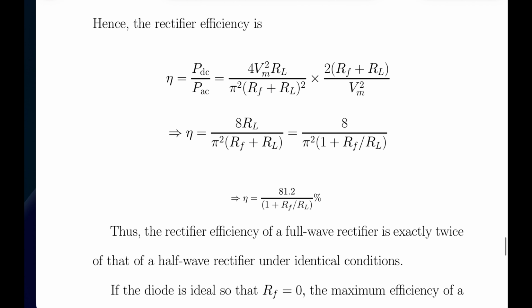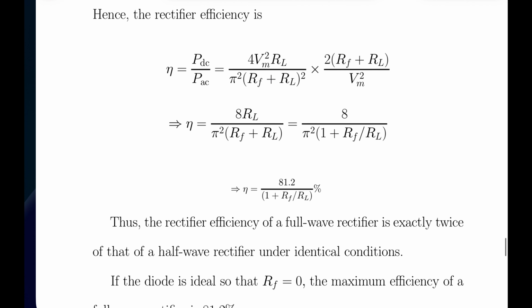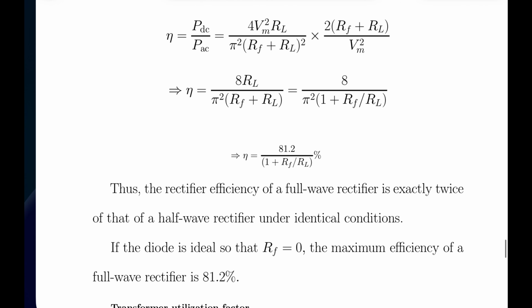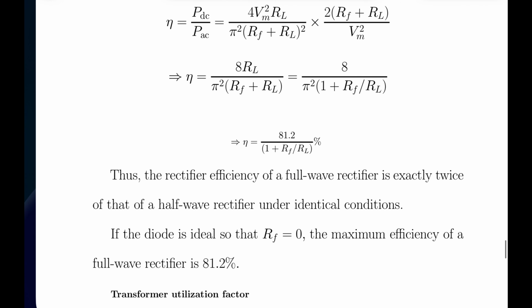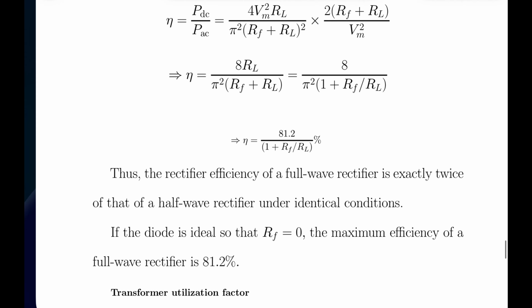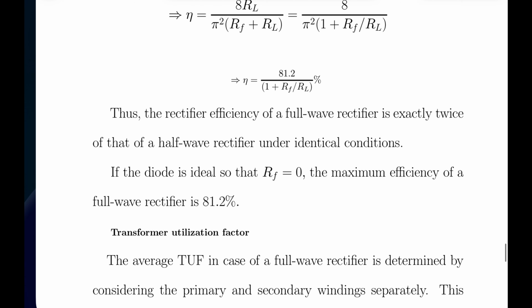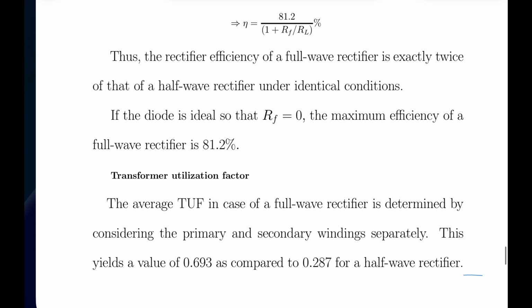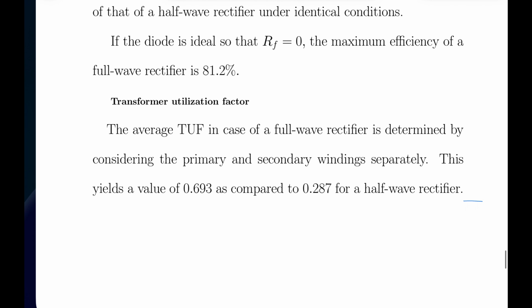We see that the rectifier efficiency of a full wave rectifier is exactly twice that of a half wave rectifier under identical conditions. If the diode is ideal, so that Rf equal to 0, the maximum efficiency of a full wave rectifier is 81.2%.